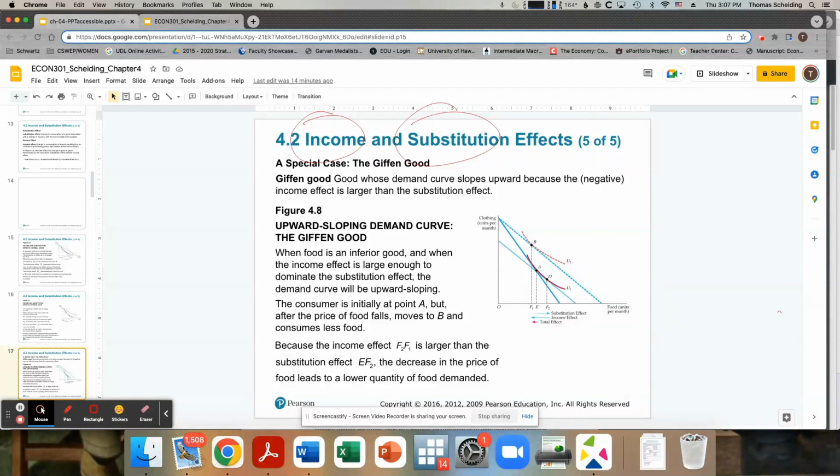Let's talk first about why it's called a Giffen good. Let's go further back here.